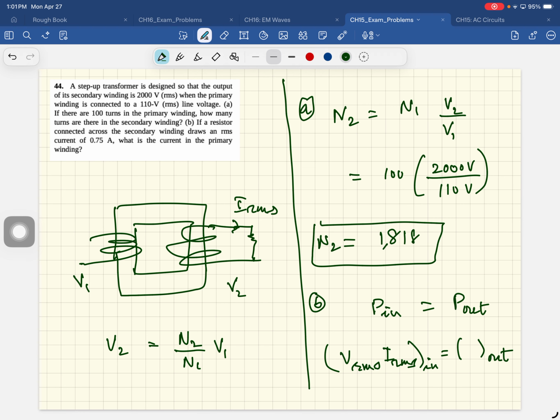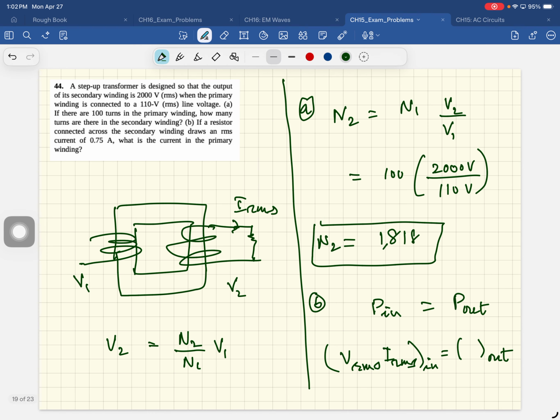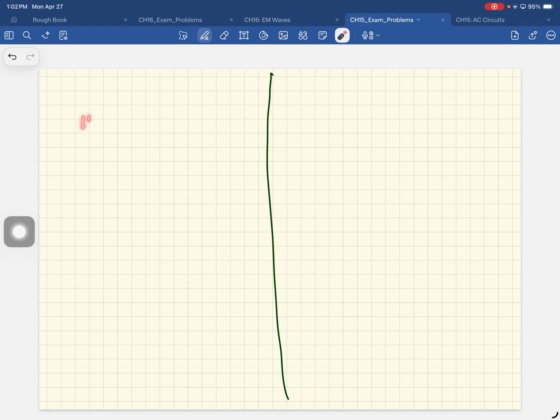So we have 110 volts input and 2000 volts output. So 110 volts times input current equal to 2000 volts times output current, which was 0.75 amperes.